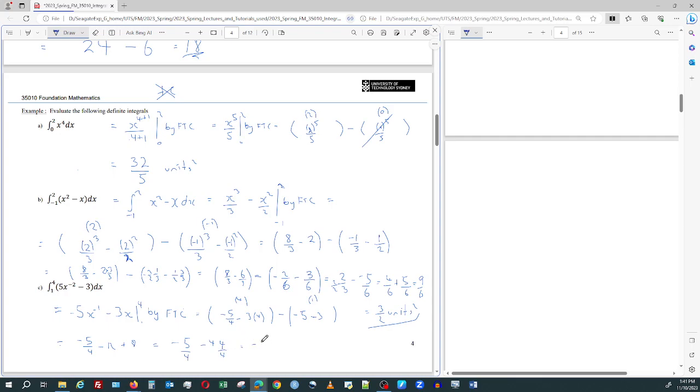So we get minus 5 minus 16 over 4, minus 21 over 4, which is 4 5s are 20. So it's minus 5 and a quarter units.